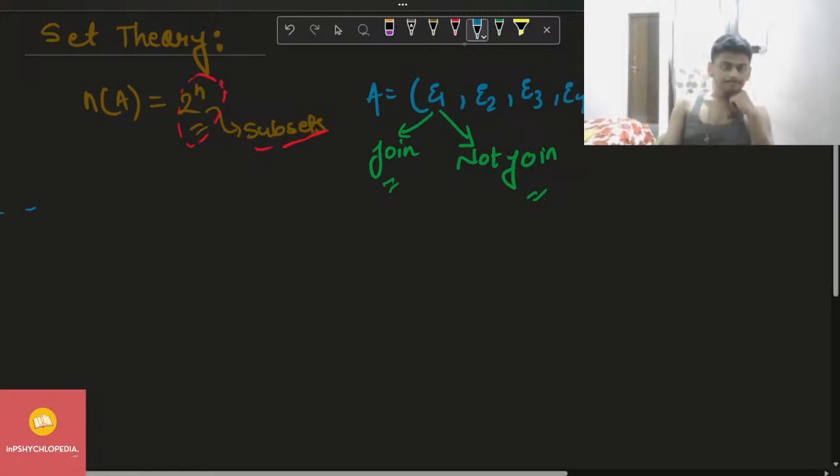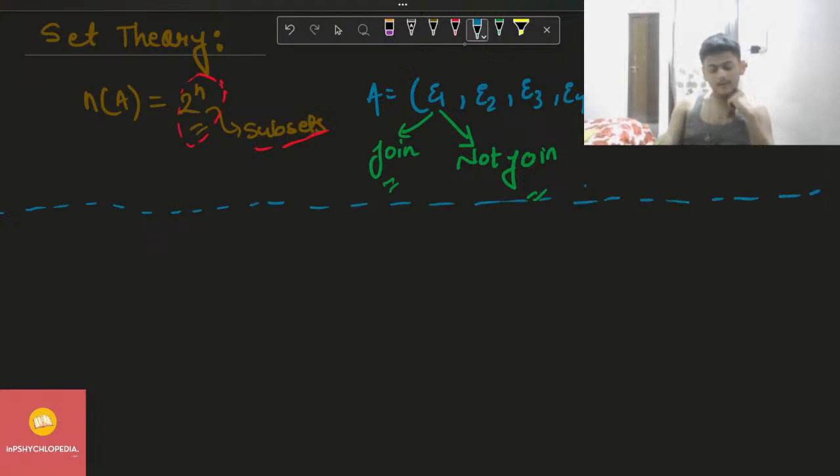The question was, let me see the question first. Difference of cardinality of two sets. Sorry, cardinality of a set is the number of elements, and what I was telling you here is not cardinality. n of A is n.